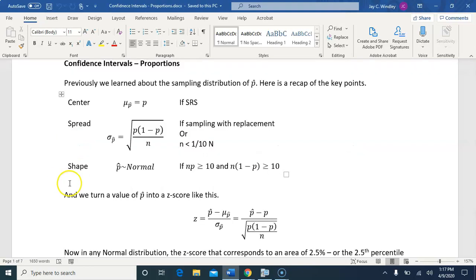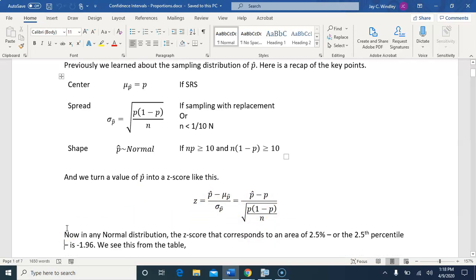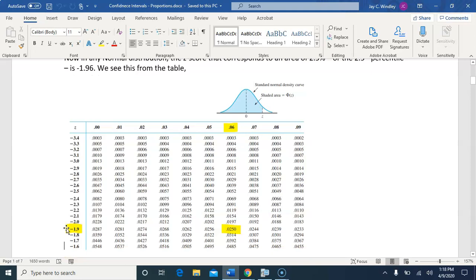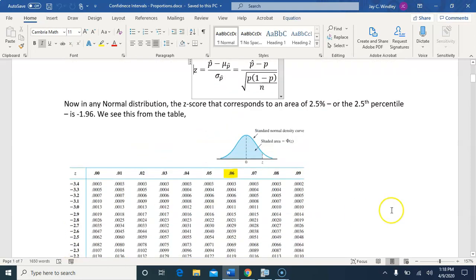And remember that turning a p-hat into a z-score looks something like this. Now, some stuff we should know about any normal distribution. In any normal distribution, the z-score that corresponds to an area of 2.5% would be a z-score of negative 1.96.